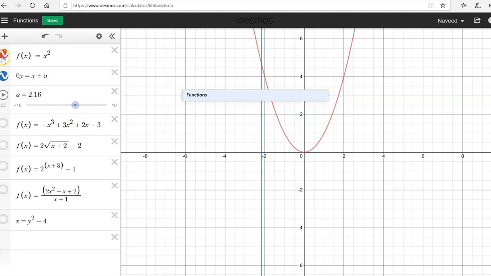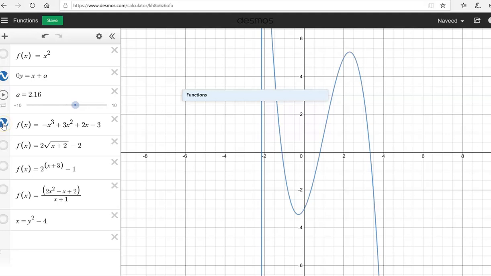Now let's go to another function. I can't change the color of the vertical line, but let's go back to 0 again. That's the vertical line, and when I move it to the left or right, it always hits the graph at only one point, and that means that's a function.